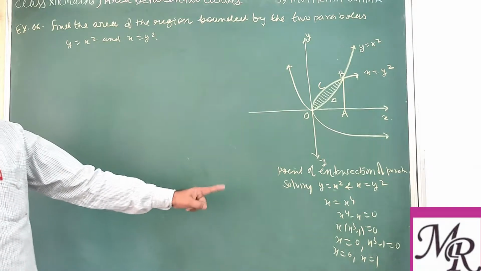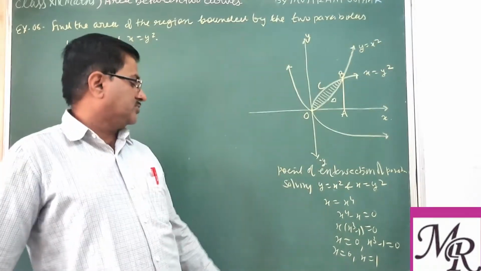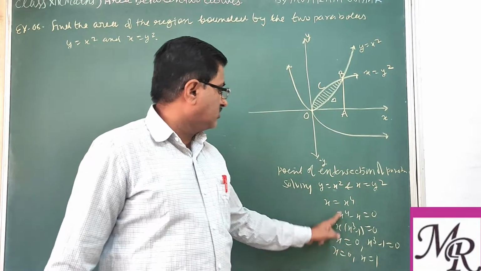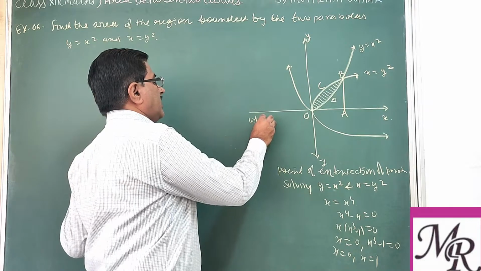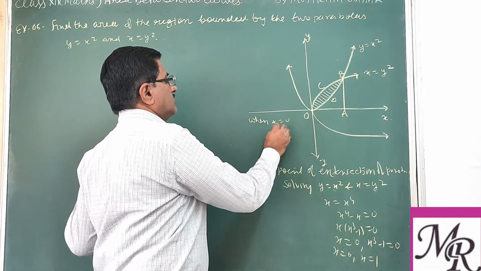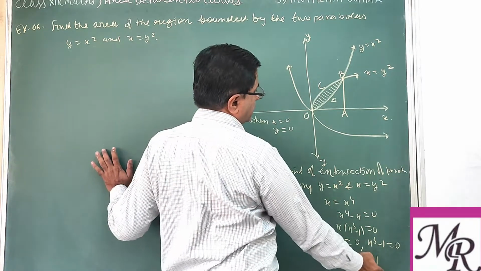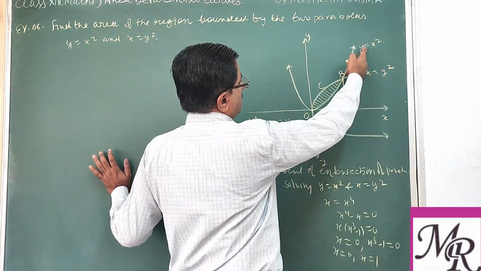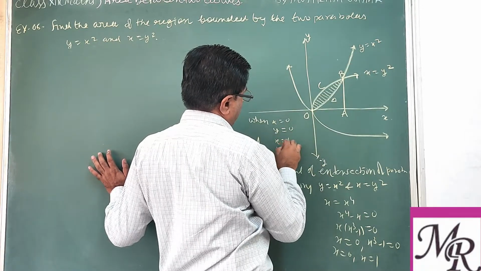So these two parabolas are intersecting at two points. Which points? Put x equal to 0, y is also 0. And the second point, x equal to 1: put it here or here, then y is also 1. So x equal to 1, y equal to 1.